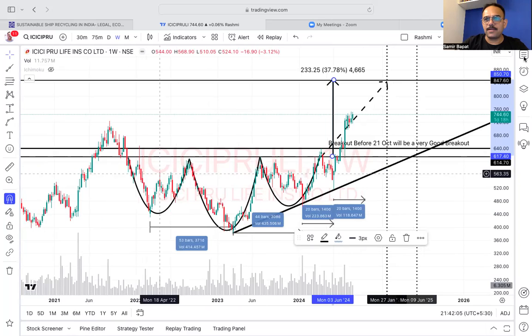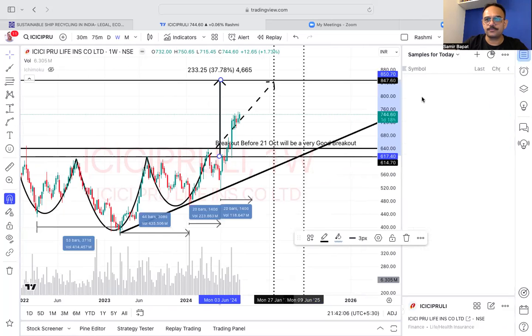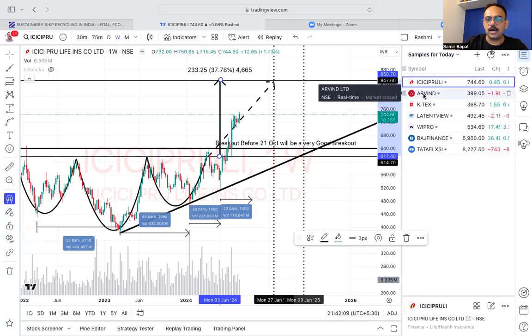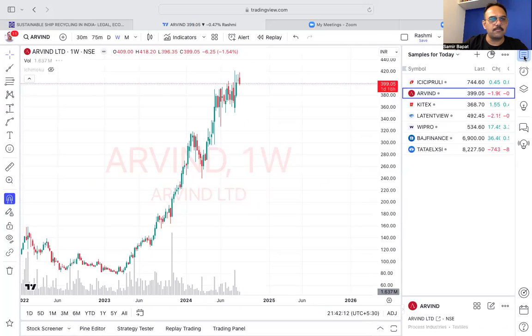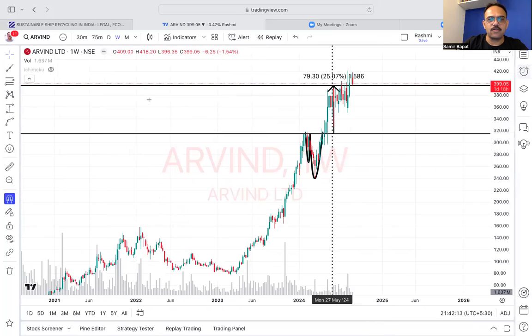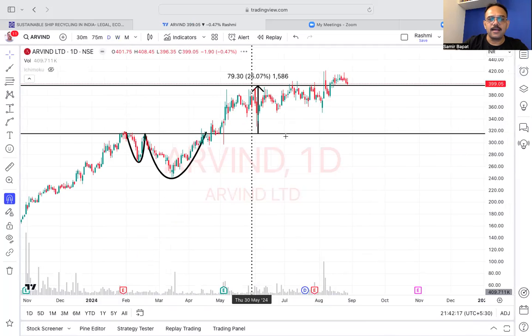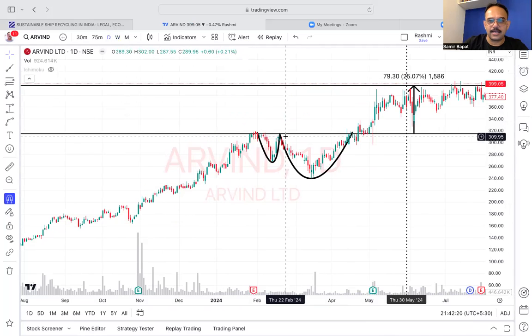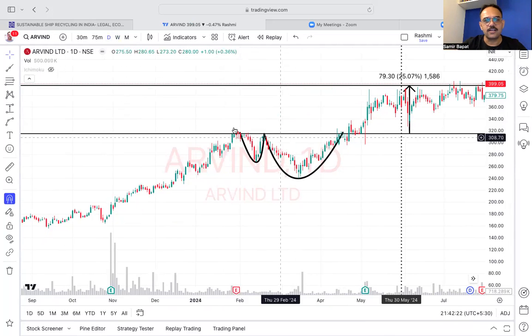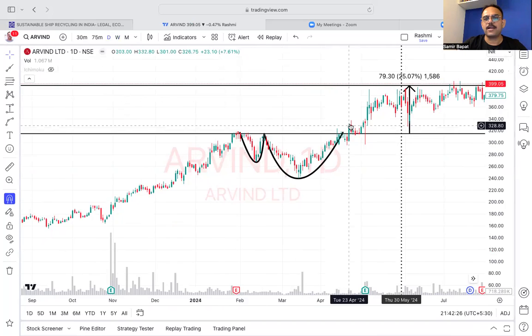Now, second example is Arvind Limited. This is an example on a daily time frame. Again, like I said earlier, this is sort of handle and cup, and then breakout happens. How far will it go?